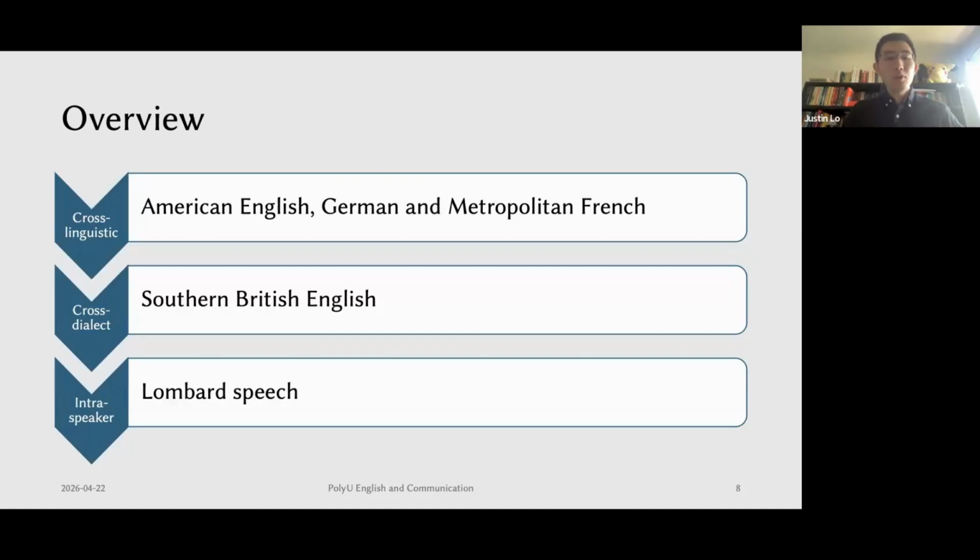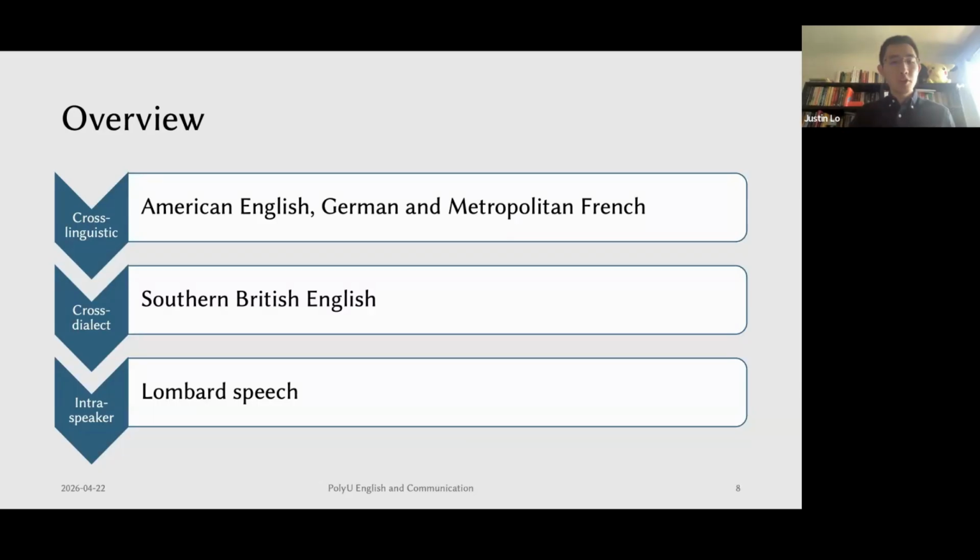So that leads me on to the studies that I'm going to be talking about. I'm going to be thinking about linking levels of variation with the broader story of sound change on three levels here. So across languages, I'm going to be looking at American English, German, and French.